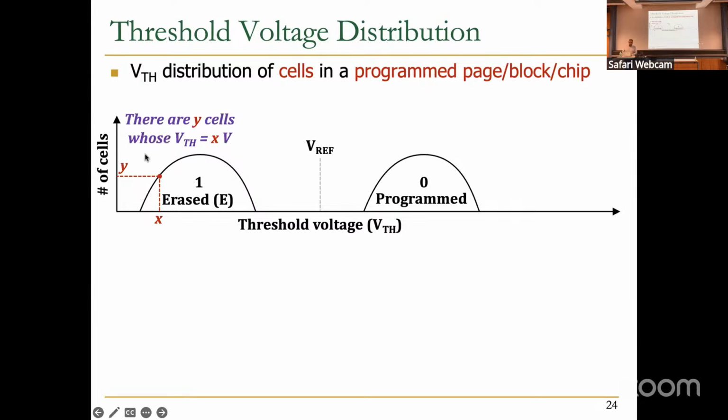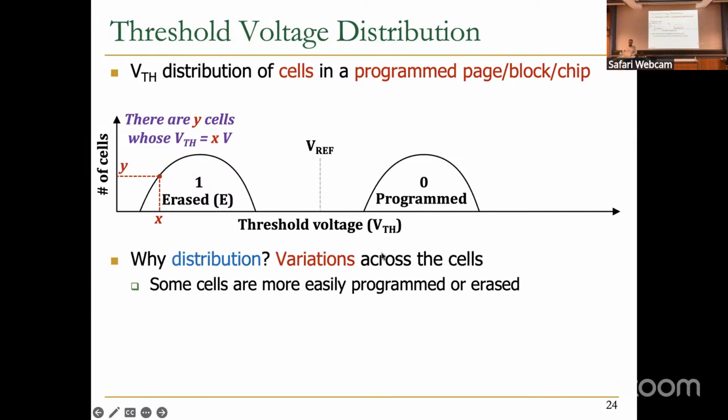So essentially, there is no fixed threshold voltage, nominal and also programmed. This is going to be a distribution. I think you know about it from other memories as well. Some cells are more easily programmed or erased. So in the end, we're going to have essentially a distribution in mind.